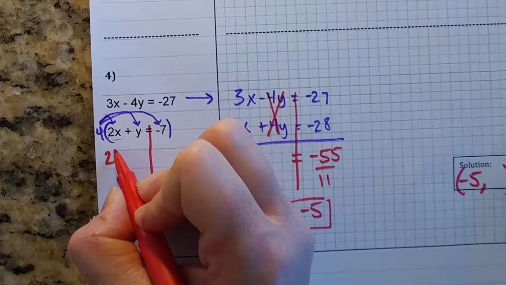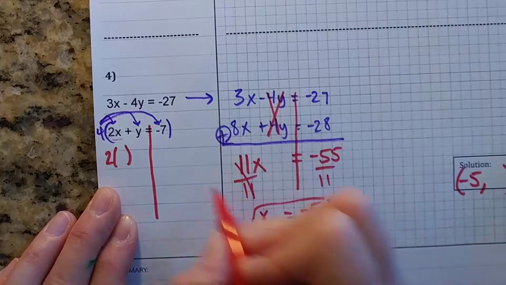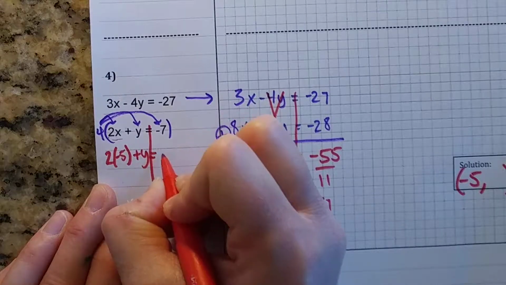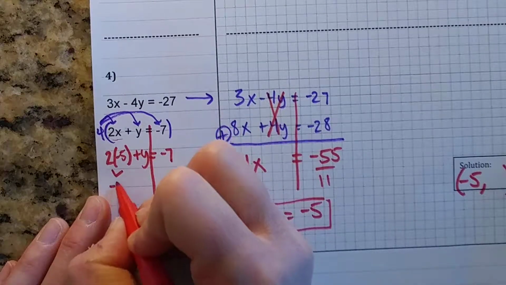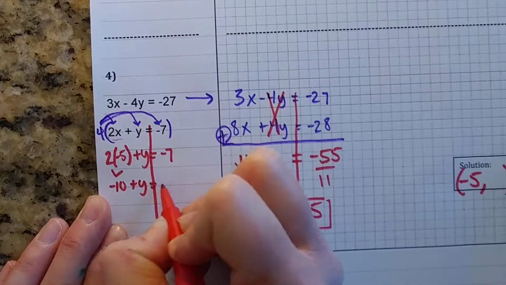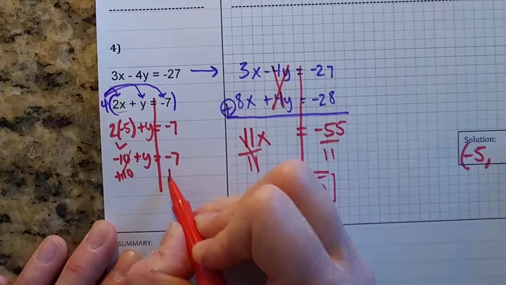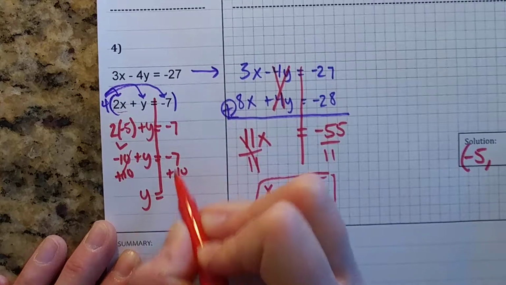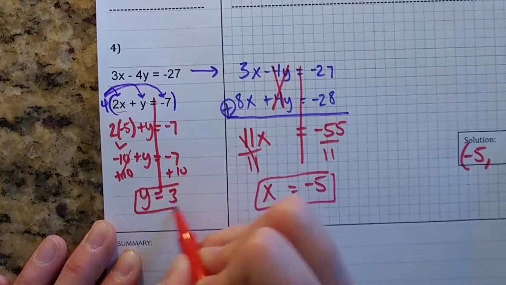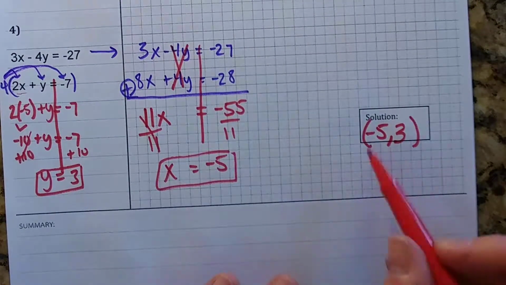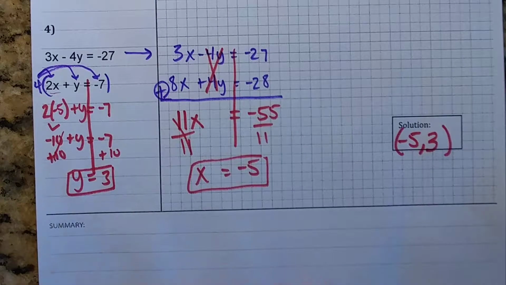So 2x, remember x is negative 5, plus y, negative 7 and 10 make 3. I found my y coordinate. So right over here, I'm going to put y, and there we have our point. That's where the lines are going to cross.